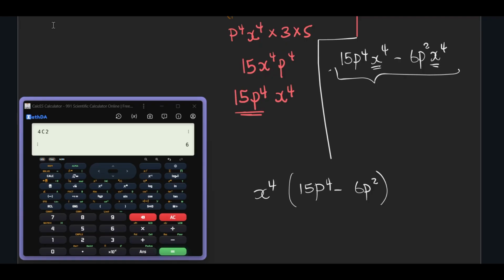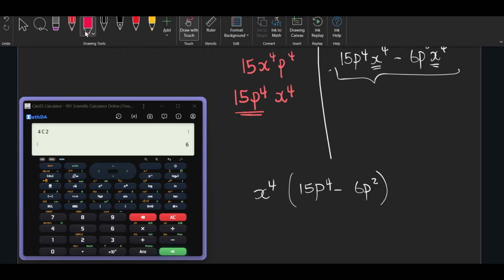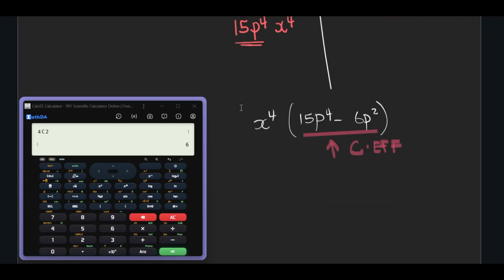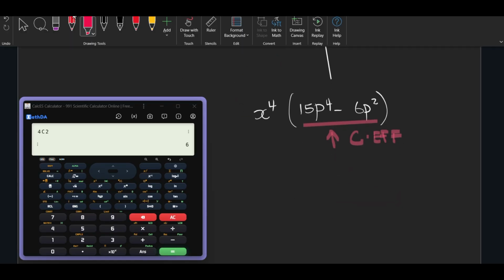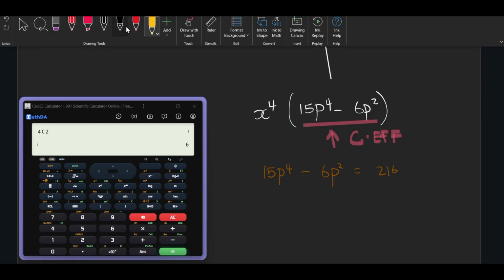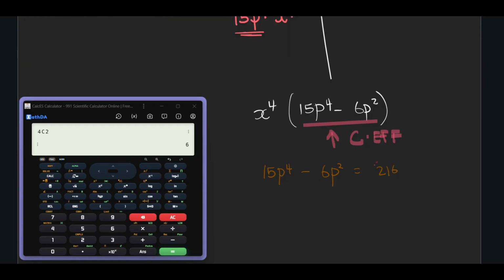Now remember, we were told that this coefficient must be equal to 216. This is your coefficient. So I just need to take that coefficient now and equate it to 216. So 15p to the power 4 minus 6p to the power 2 is equal to 216. I can easily push 216 to this side to have an equation.